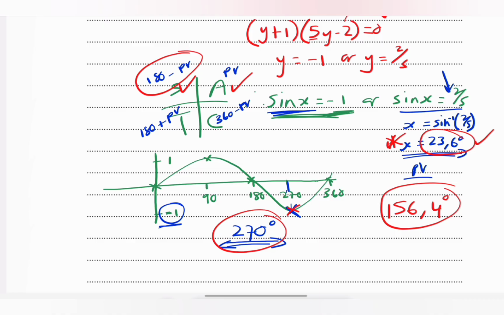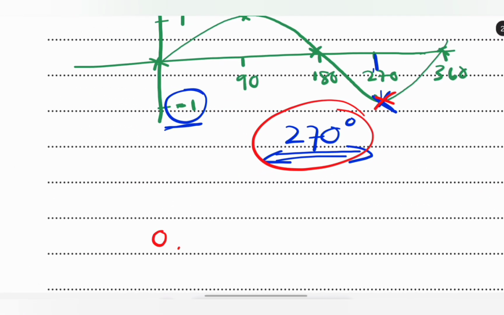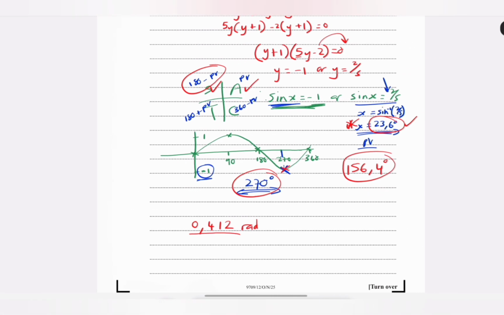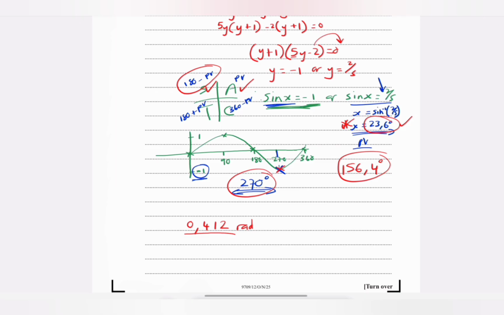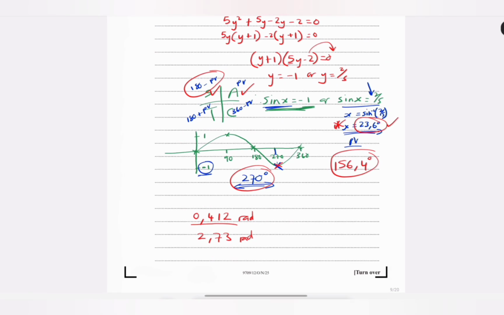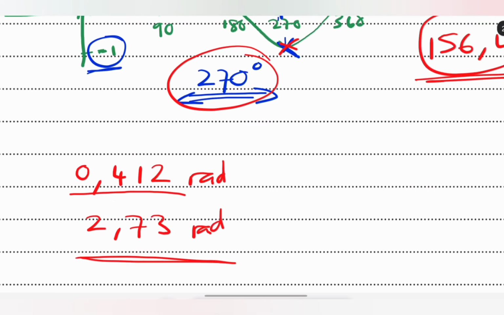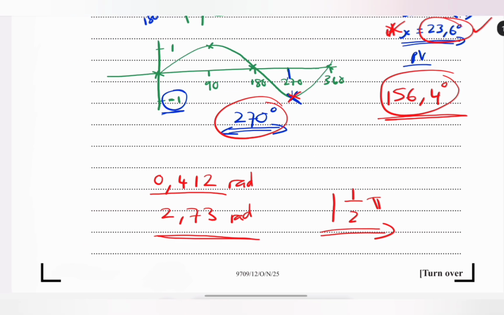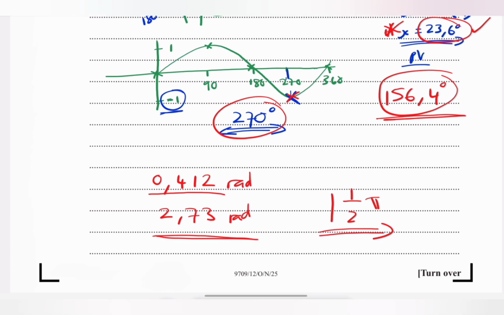I get my principal value to be 0.412 radians. Then 180, which is pi, I'm just going to say minus pi. I'm getting 2.73 radians. That's for this. Then for 270, it's 1.5 pi. So these will be our three answers.